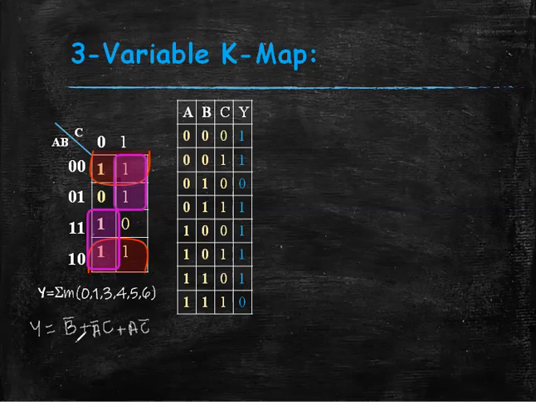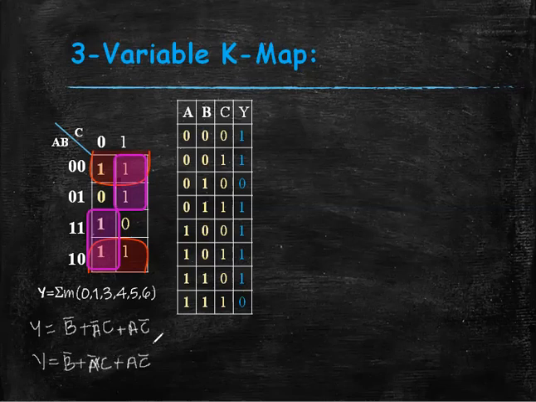Then the result is y equals B bar plus A bar C plus A C bar.